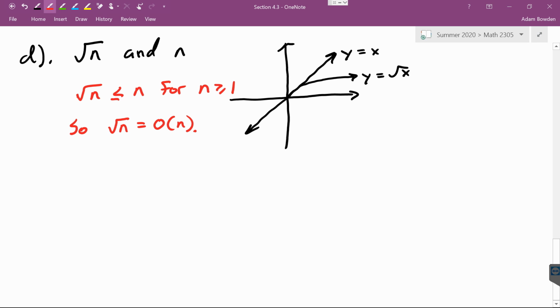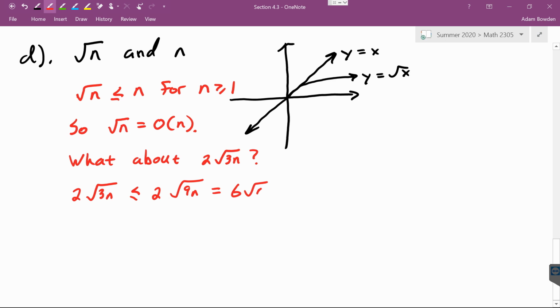Side note, we could also go a little bit further with this reasoning and consider another square root function like 2 square root of 3n. Well, we know 2 square root of 3n is less than or equal to 2 square root of 9 times n. And that's the same thing as 6 square root n.